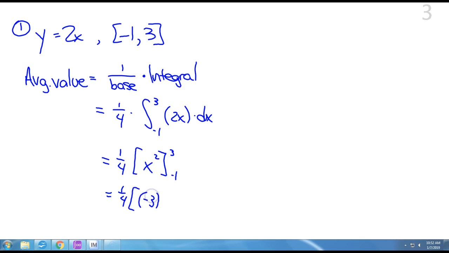So plug in 3, minus plug in -1. So we get 2.